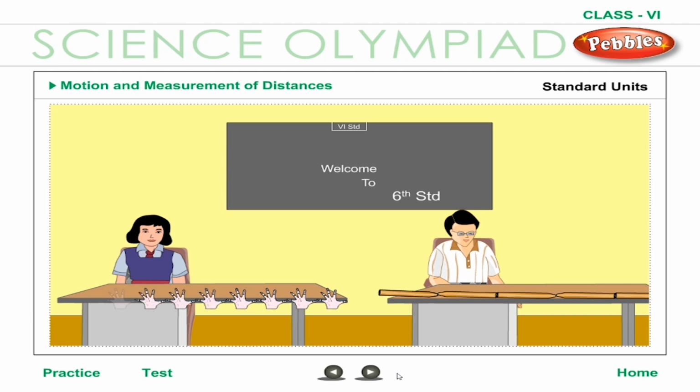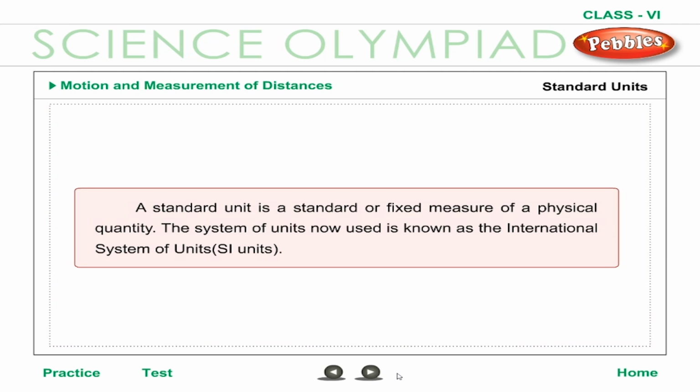For the sake of uniformity in measurements, scientists all over the world have accepted a set of standard units of measurement. A standard unit is a standard or fixed measure of a physical quantity. The system of units now used is known as the International System of Units, SI units.